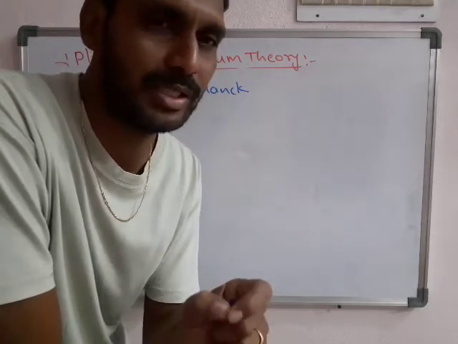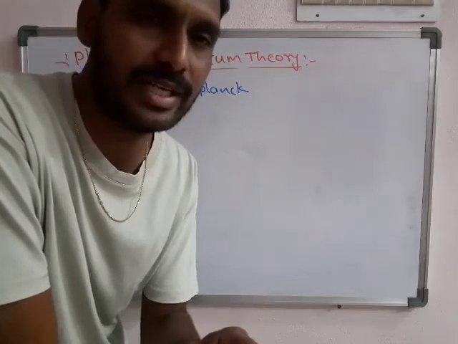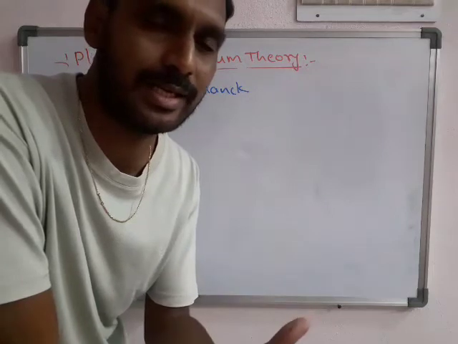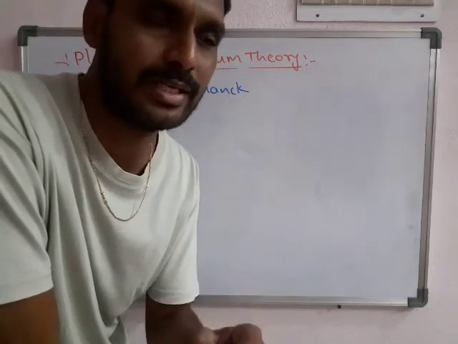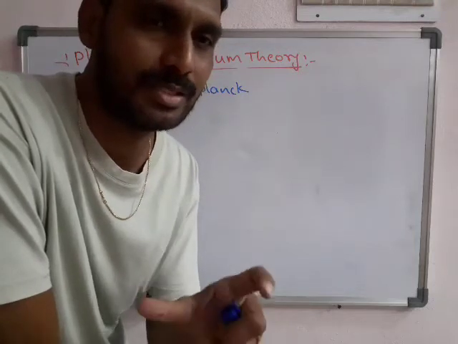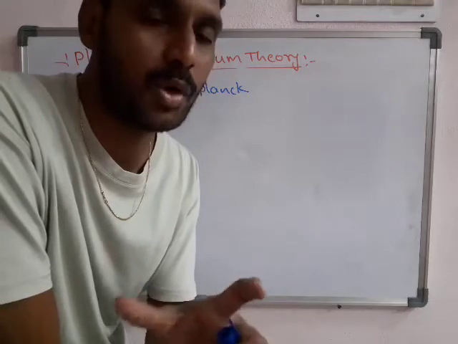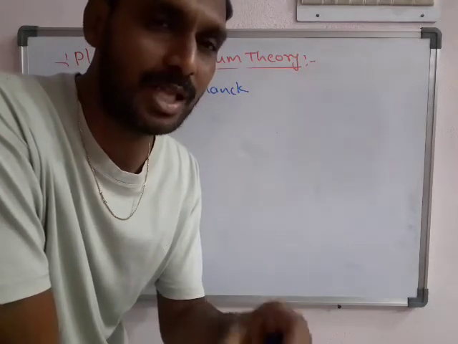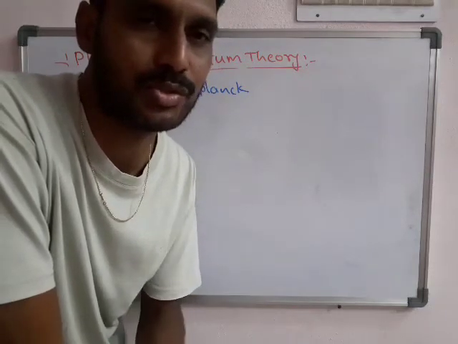Already we know that every radiation consists of some energy, absorbed radiation or released radiation. The energy of the radiation released by an object is not in a continuous manner. Not only emitted radiation, the absorbed energy is also not in a continuous manner.